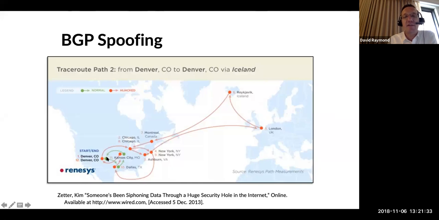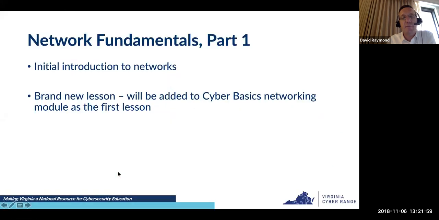But because the core router in Reykjavik, Iceland was improperly configured, the message actually took this route, the red route. It went from Denver to Chicago to Ashburn, Virginia, to New York, to London, to Reykjavik, to Montreal, back to Chicago, back to New York, and then around to Dallas.